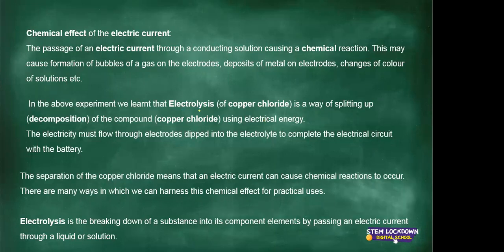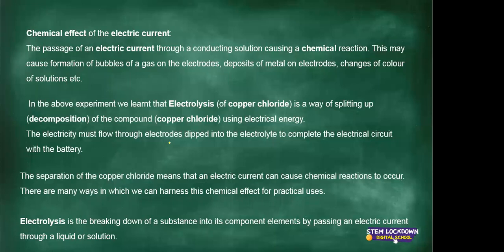So can you see how they can ask you questions in different ways? So you need to know the content very well so you can answer it. Then the electricity must flow through the electrodes dipped into the electrolyte to complete the electrical circuit with the battery. So now you have to put the electrodes into the solution to complete the circuit.